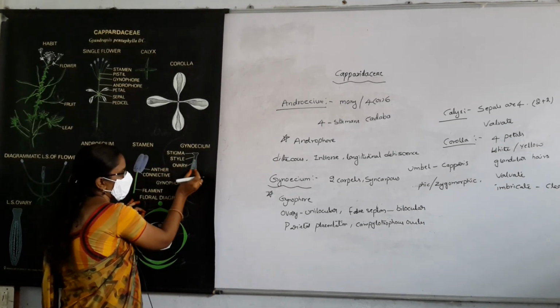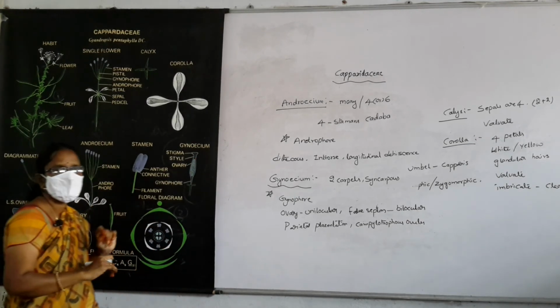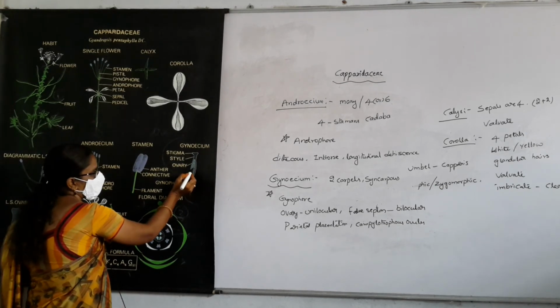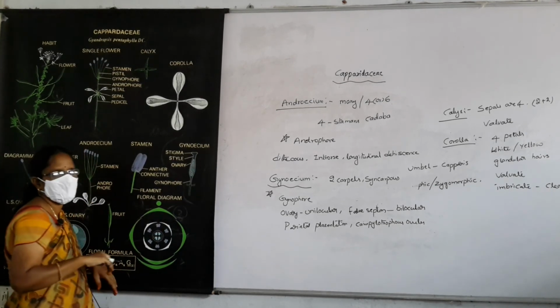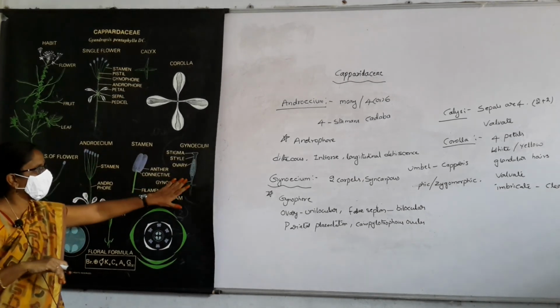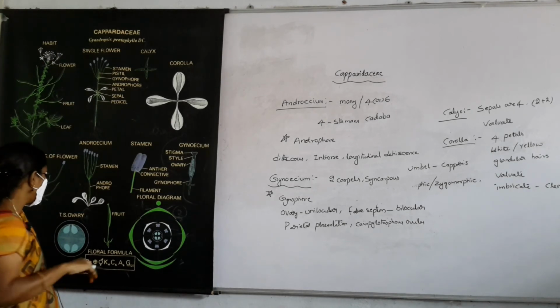Parietal placentation means these ovules are attached to the ovary walls. Look here: this is one ovule, this is one ovule, and this is one ovule. Many ovules are present. This is the androecium and gynoecium, the male and female reproductive organs.